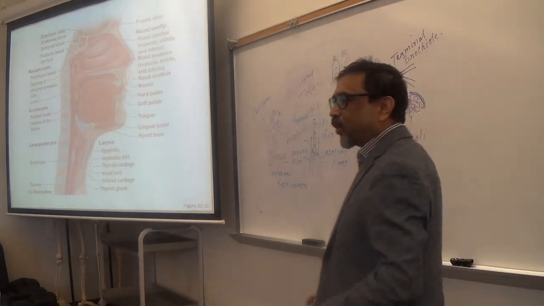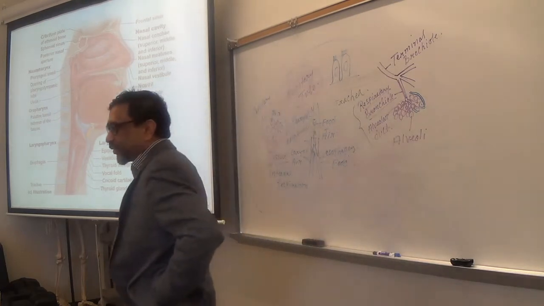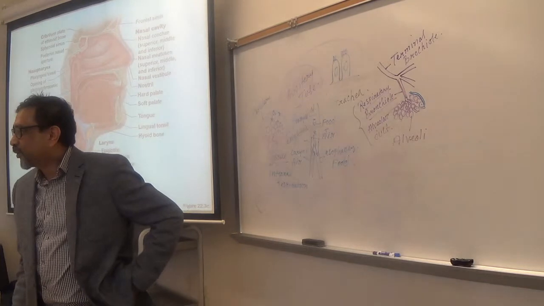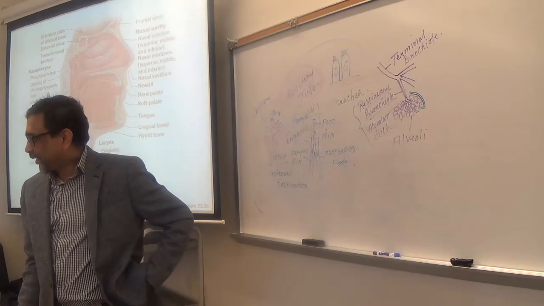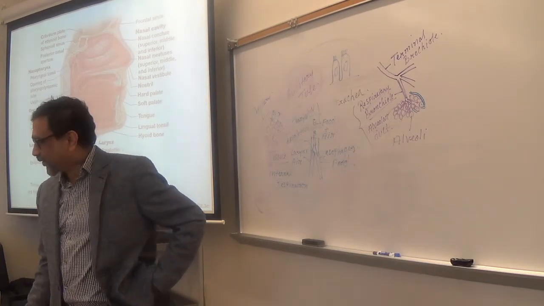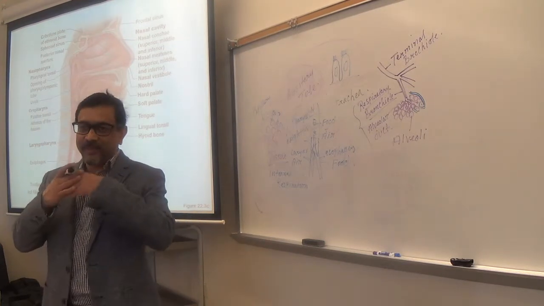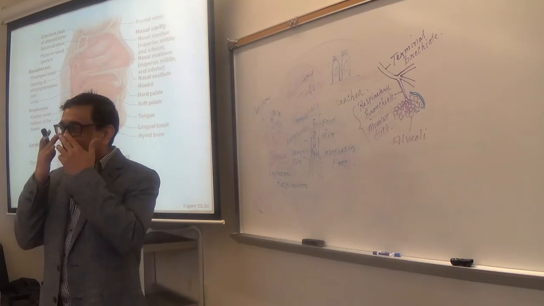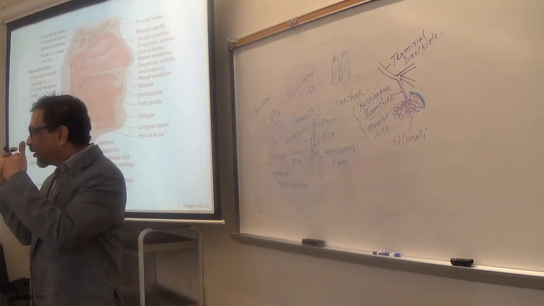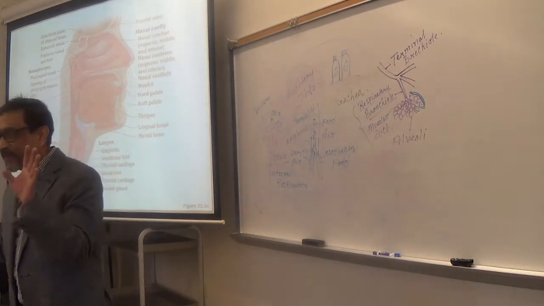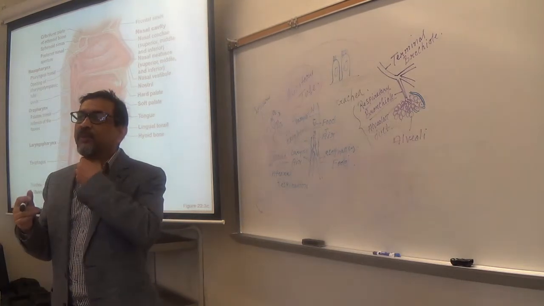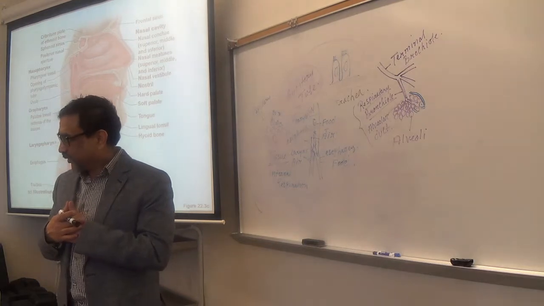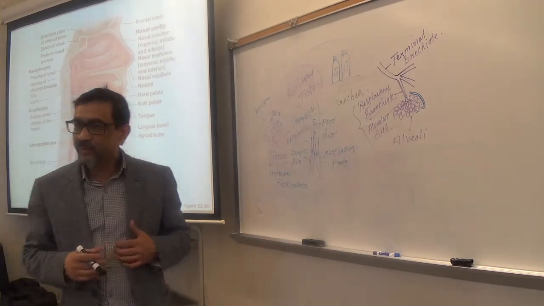Why in the oro- and laryngopharynx is the chance of friction more? Because they are common for food and air, right? When food passes, the friction chance is high. When only air passes through the nasopharynx, there is almost no chance of friction. That's why it is stratified squamous.